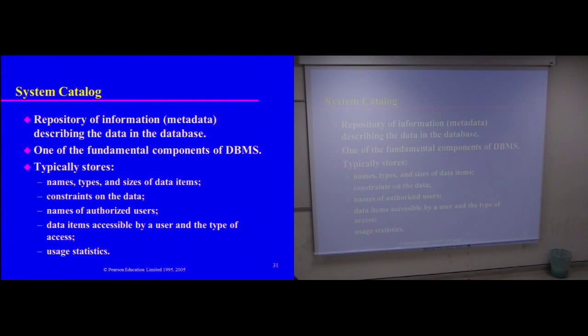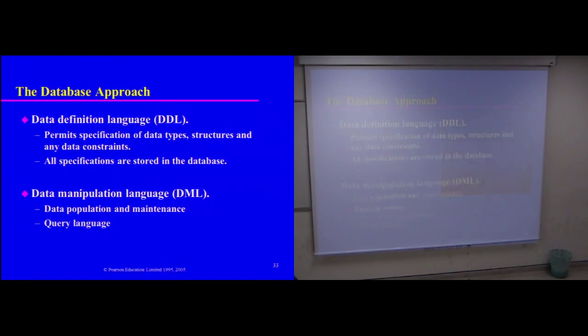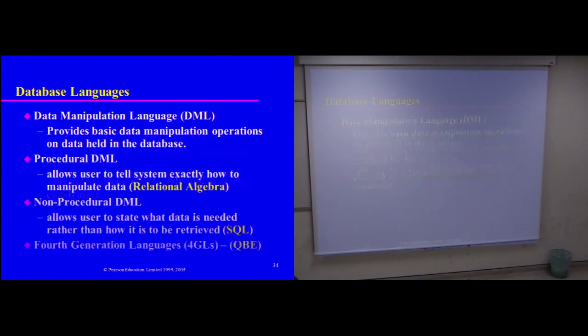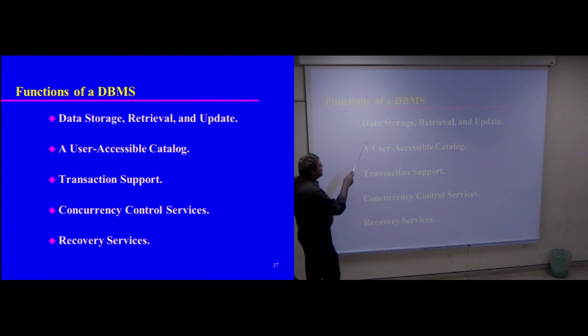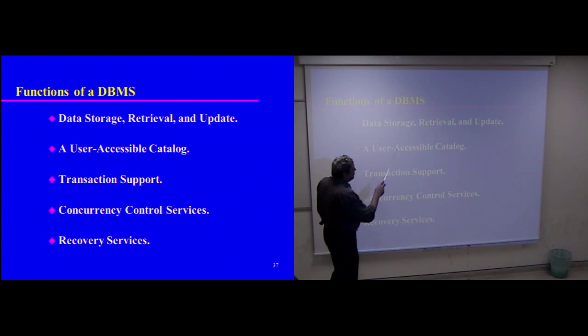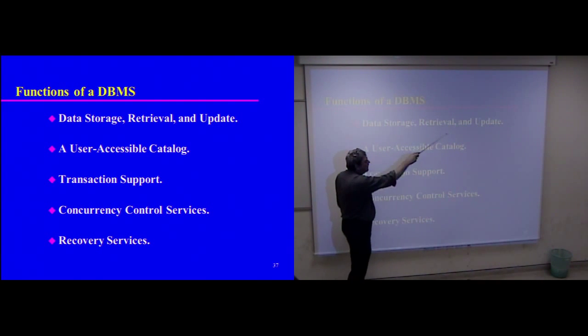Let us go further and give some idea about the other functions of a database management system. A database management system, as we have seen, provides a mechanism, a way of storing data, retrieving data, and updating data.